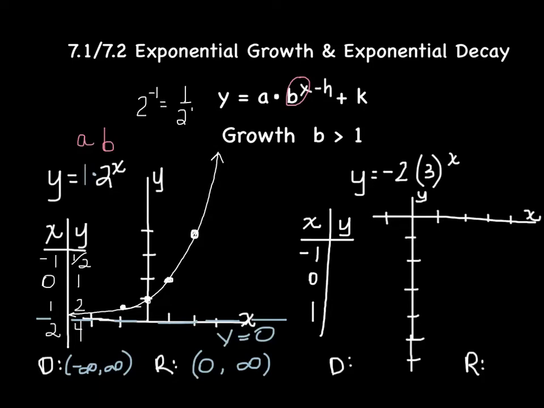If I plug 1 into that x, 3 to the 1 is going to be 3, which is b, and then I'm going to multiply it by the negative 2, which is going to give me negative 6. Notice when I plug 1 in, no matter what this is in here, it's going to end up being this number, which is b, and then I multiply times a. So 1 will always have the pattern a times b.